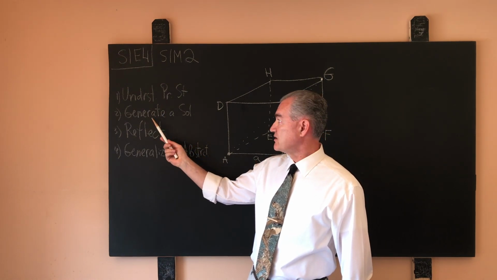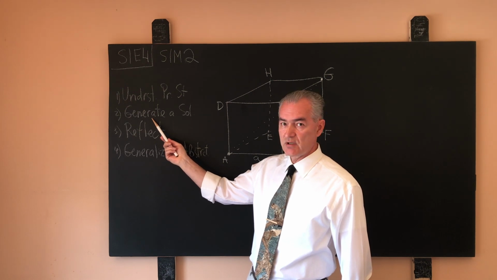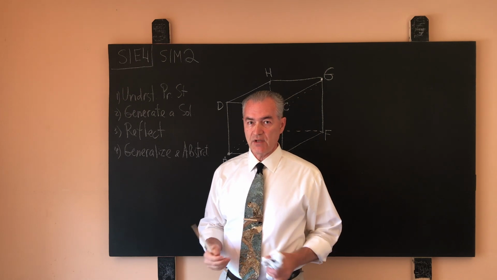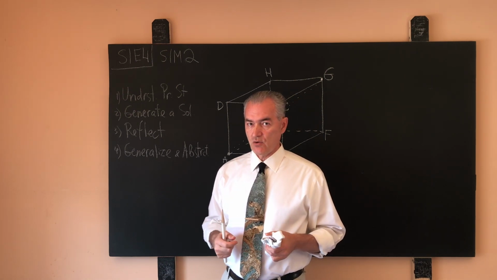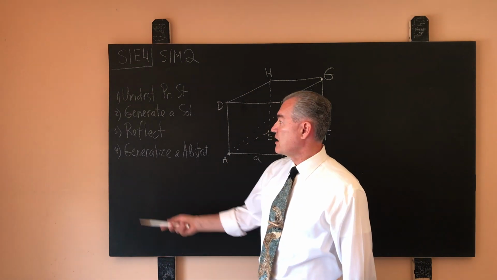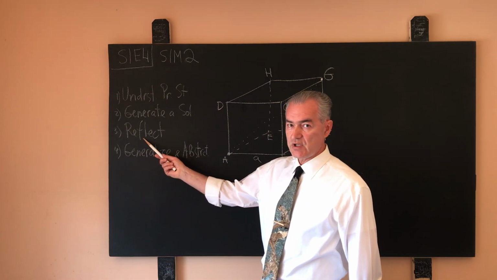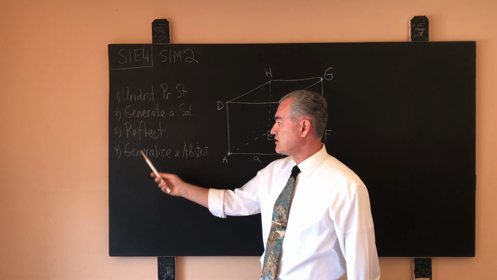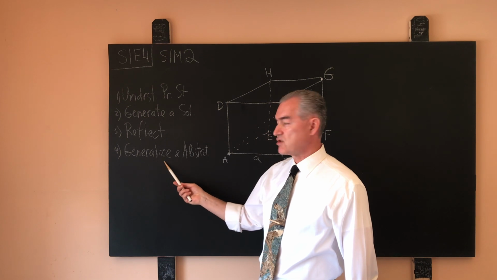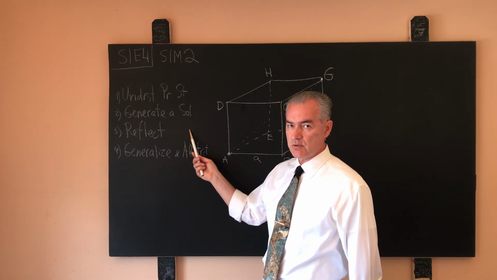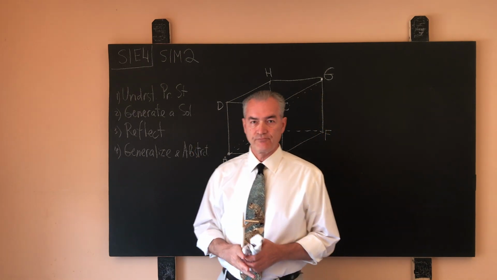In the second stage, we fight the fight and stir our creative juices and think out of the box in order to generate a solution of the problem at hand. In the third stage, we reflect on the problem-solving experience. And in the fourth stage, we try to generalize and abstract the solution of the problem that we just generated.